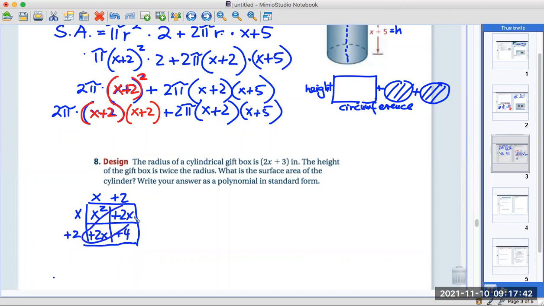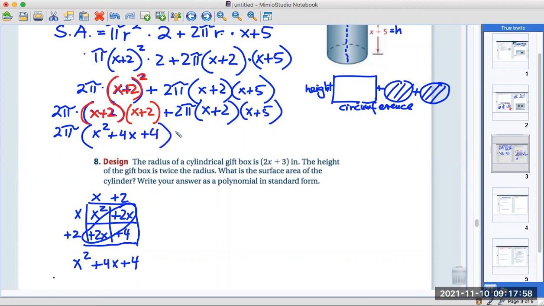These are like terms. So we have x squared plus 4x plus 4. So we have 2 pi times x squared plus 4x plus 4.